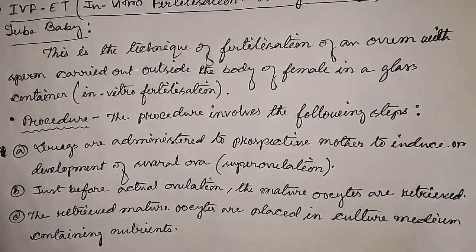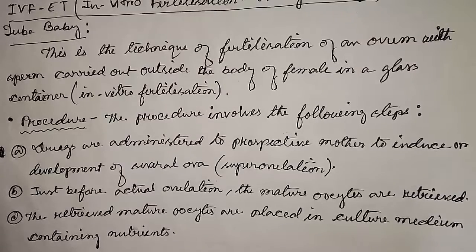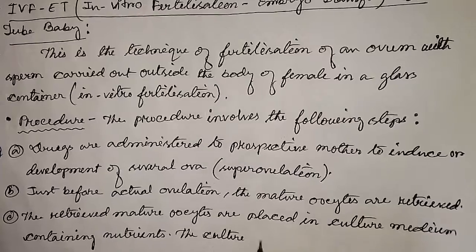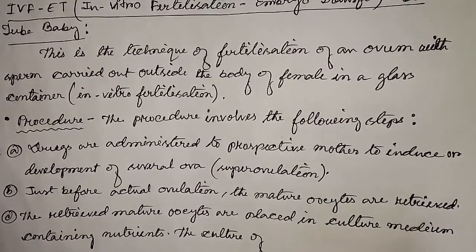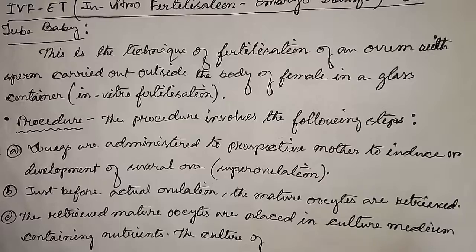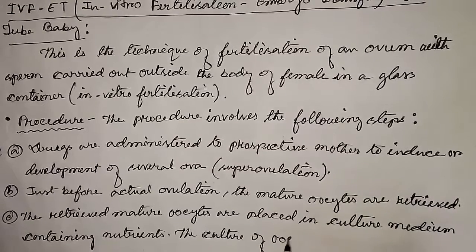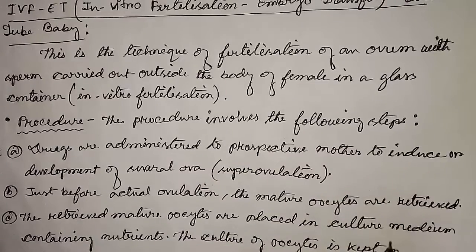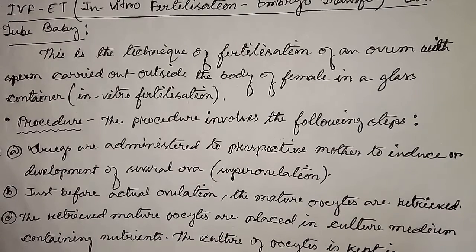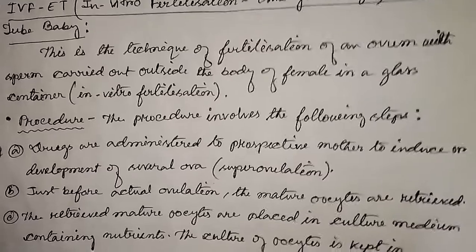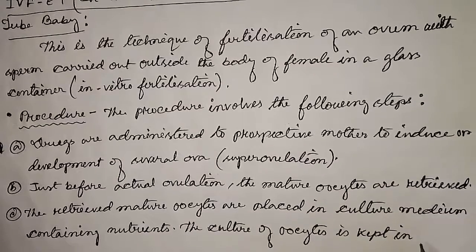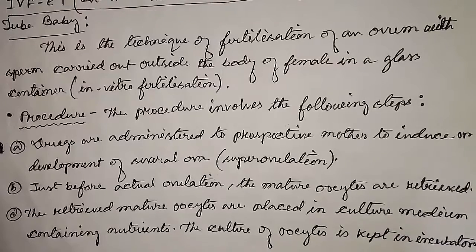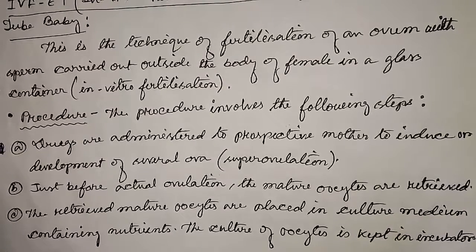The culture of oocytes is kept in an incubator for about 4 to 6 hours.